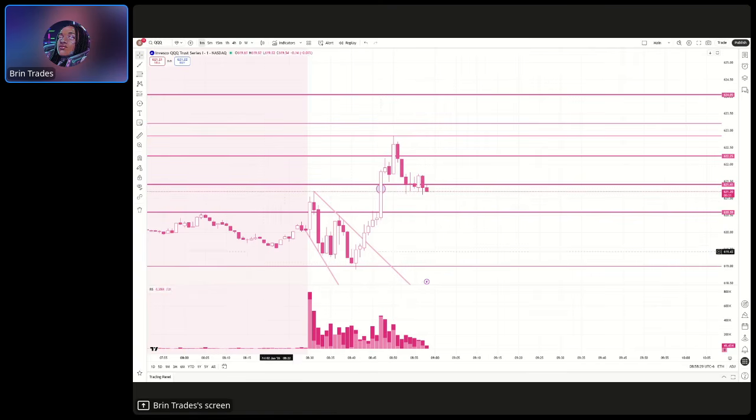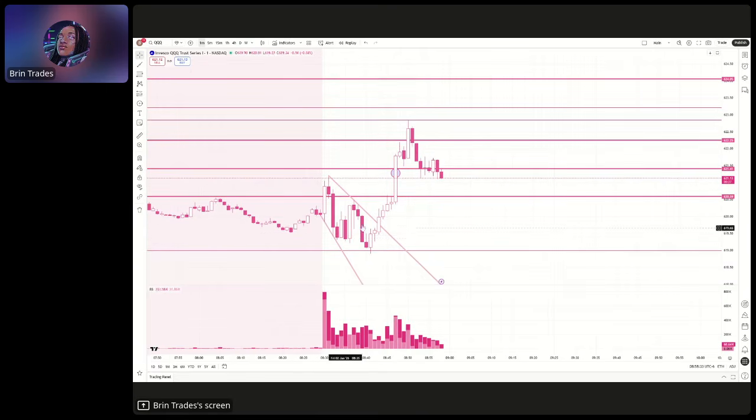There's a lot of wicks here. And there's a lot of wicks. It looks like price might be pushing to the downside, but I'm not sure.